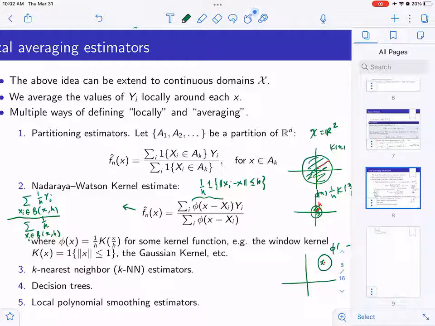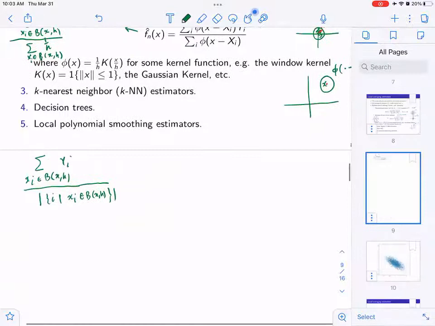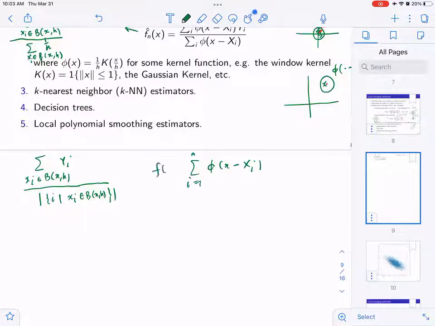Traditionally, there are, let's say, kernel density estimates. If I want to estimate the density of the points, I could do something like this. That's a function which is an estimator for the density of x, and then 1 over h makes sense, because you want it to integrate to 1.